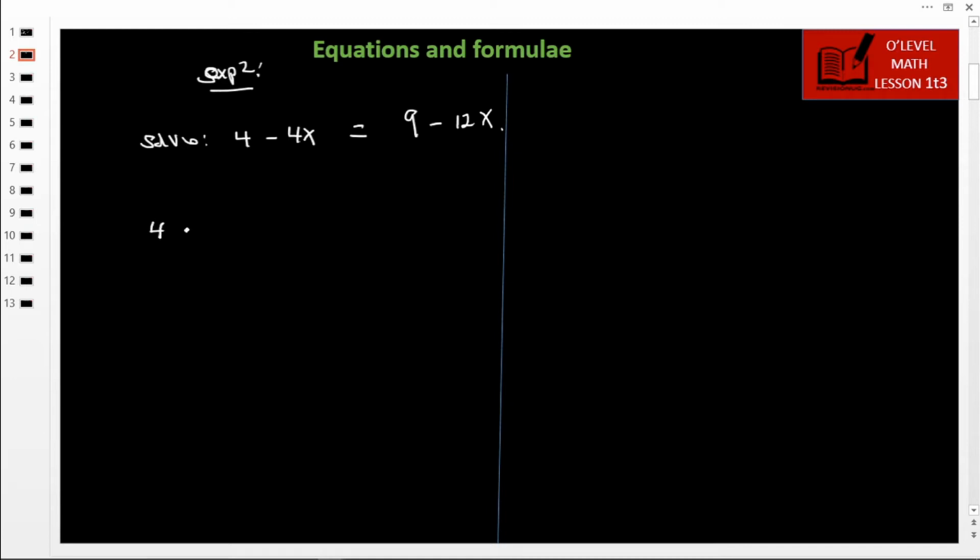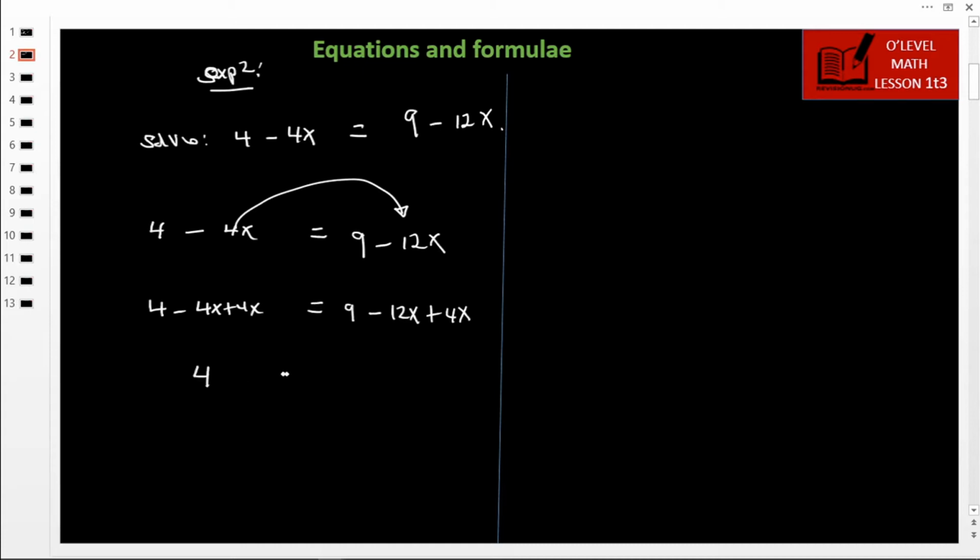So we rewrite this as 4 minus 4x is equal to 9 minus 12x. Then let us take the 4x this way. It was minus, so to move it across it becomes added. So it is 4 minus 4x plus 4x giving us 9 minus 12x plus 4x.